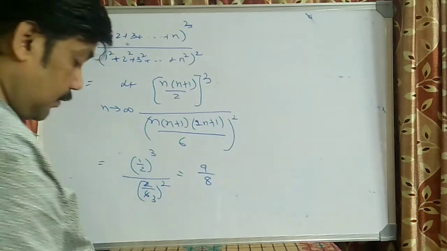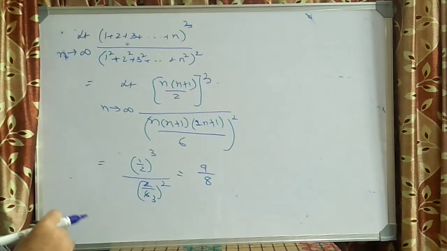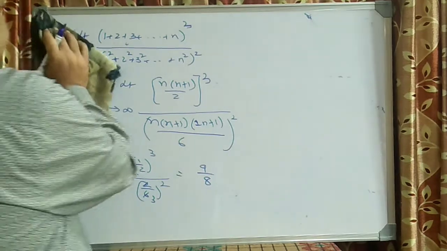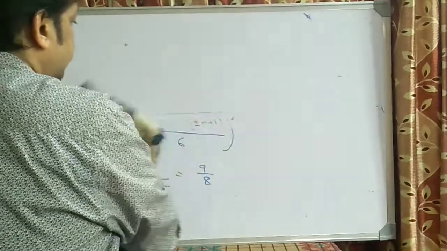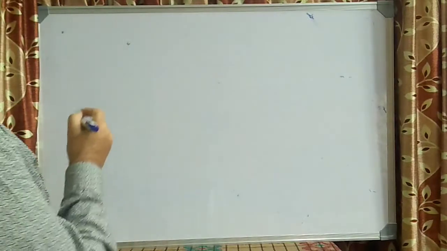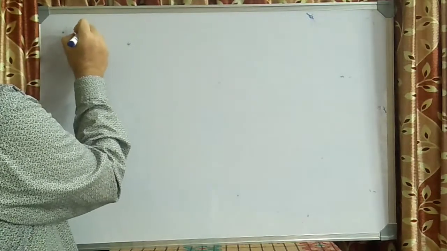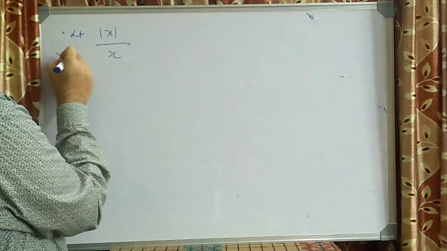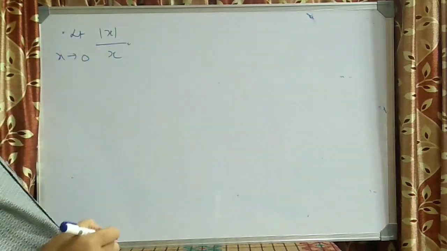Okay, now I go to the next model, which is one-sided limits. First of all, I would like to discuss the very first one: limit of mod x by x as x tends to 0.